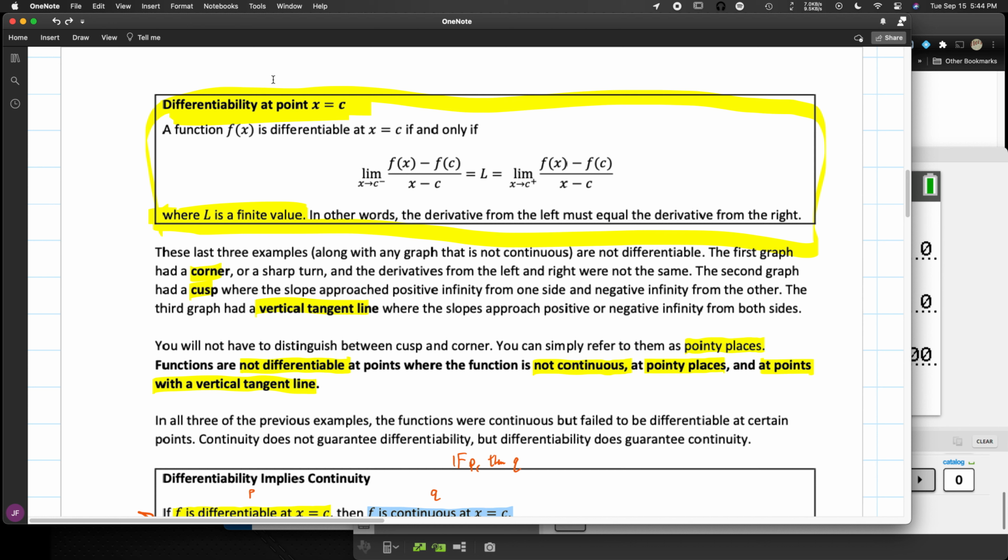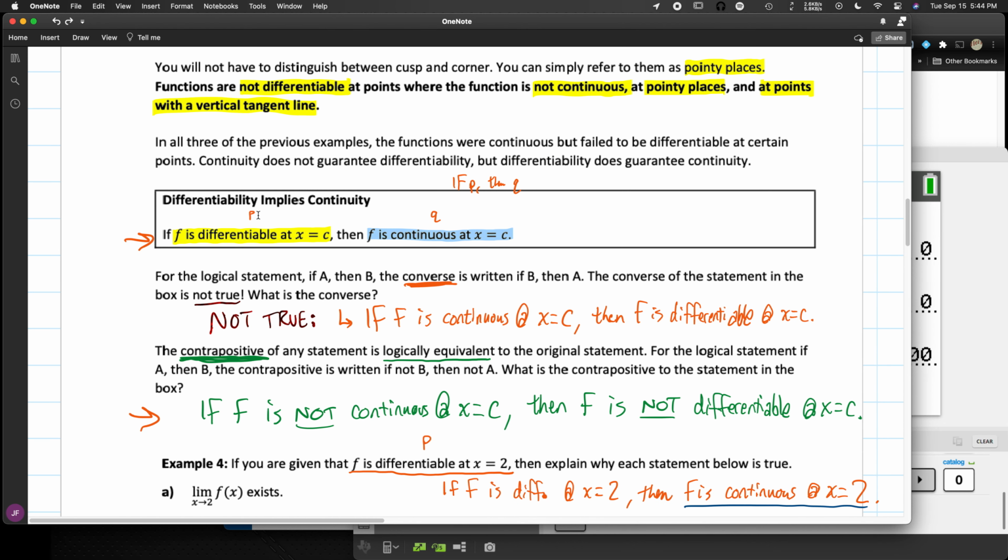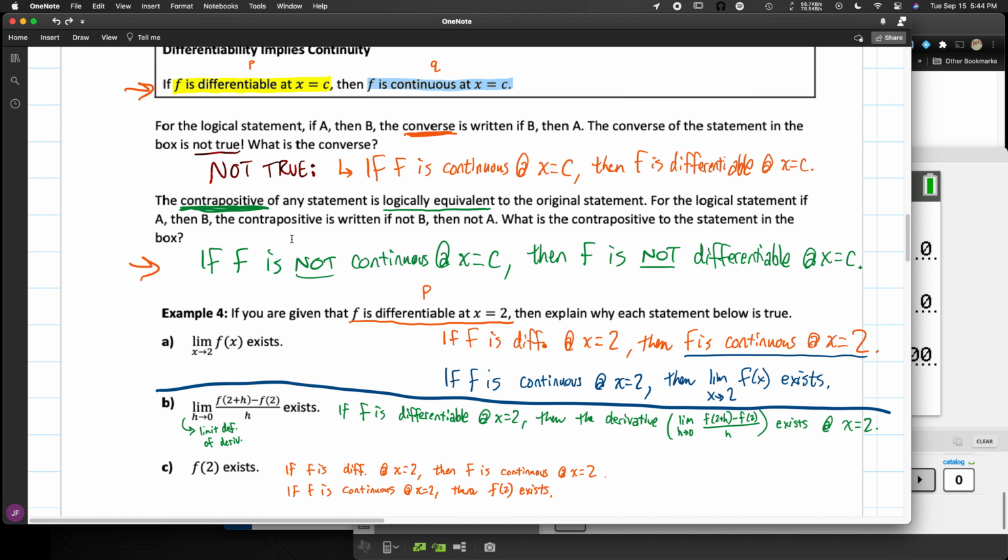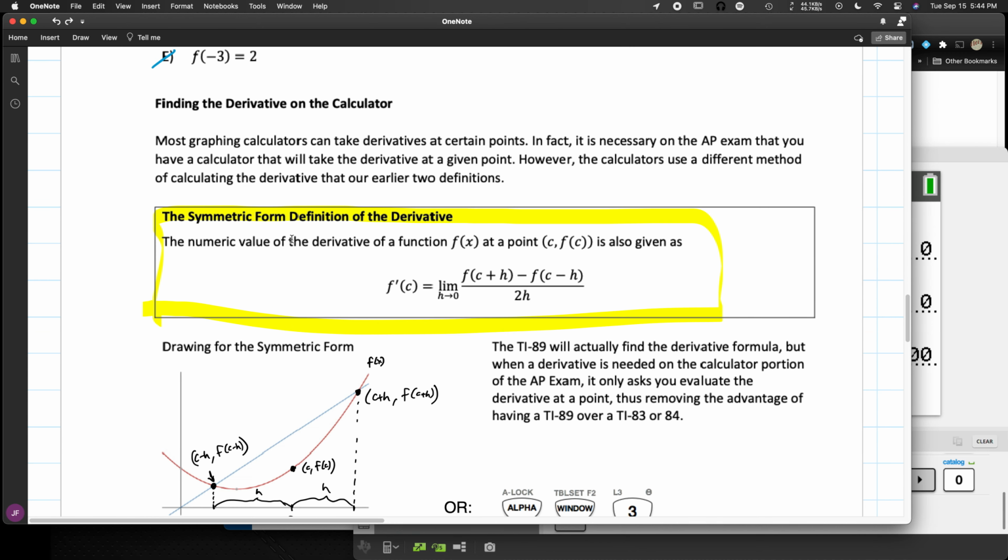The slopes have to be approaching the same value on either side, and that slope has to be a finite value L. Right? And then we said that if a point is differentiable on a function, then the function must be continuous at that point. Okay, so those are the 2 characteristics of differentiability at a given point in a function.